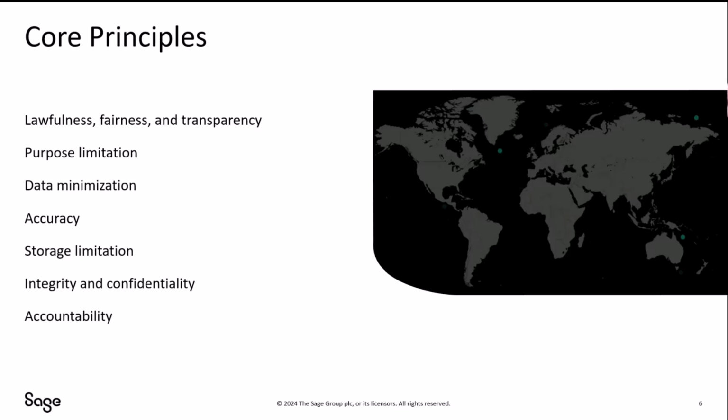So GDPR identifies personal data as any information relating to an identified or identifiable natural person. And so a person could be identified directly by this information. An obvious example is the name of the person and their email address.